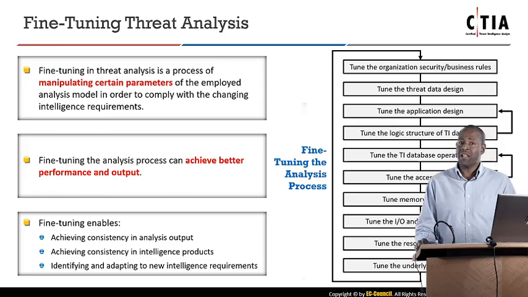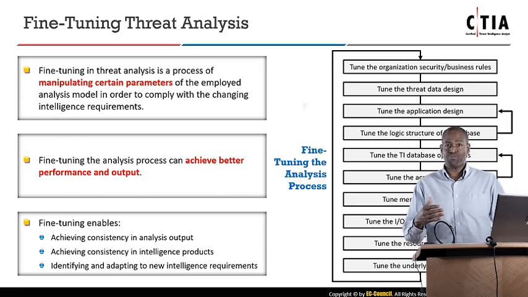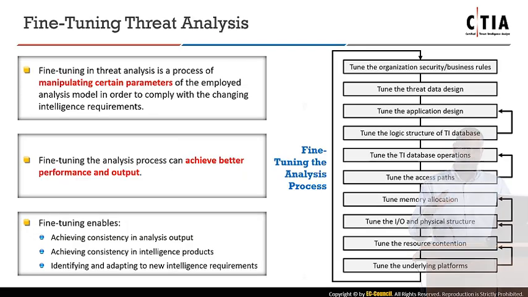And also for our intelligence products, as we input this information into our intelligence products so that they can be more efficient and consistent. Also to identify and adapt to new intelligence requirements. So if we have a good fine-tuning capability, we will be able to adapt. Let's have an overview of the fine-tuning process.